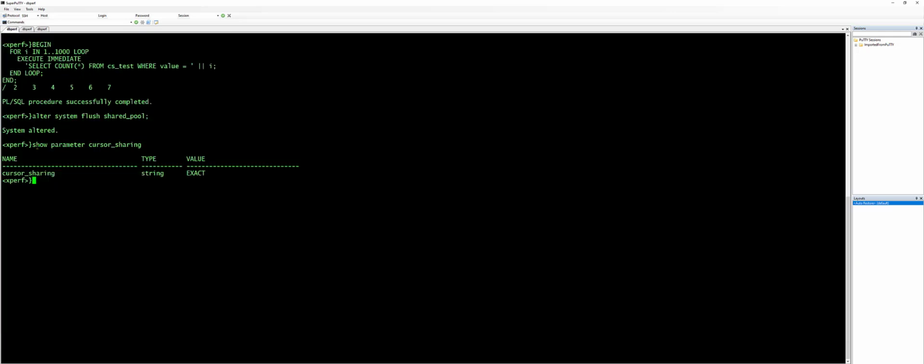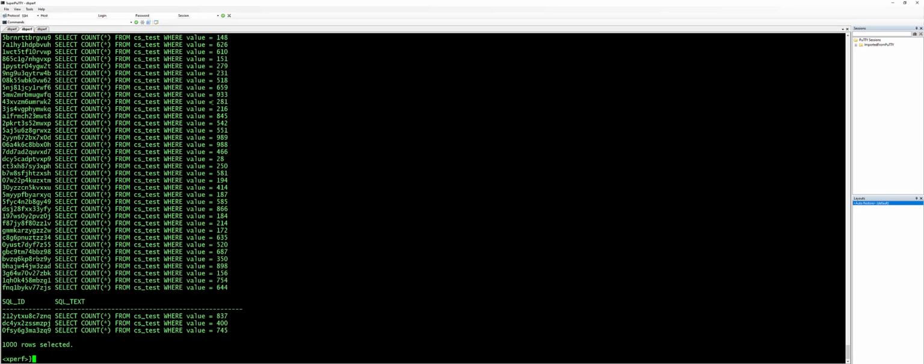But if you set it to force, then Oracle has an internal algorithm. It will scan only the literal values wherever it sees multiple SQL statements, and there are some signatures.